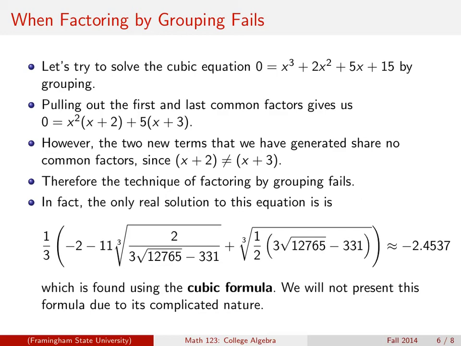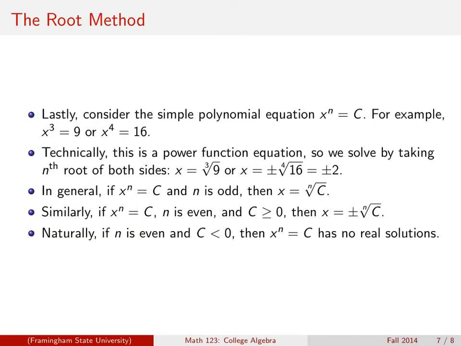There's this cubic formula, but don't even worry about it. So factoring by grouping sometimes works, but it doesn't always work. And if it doesn't work, you're just going to want to really just go to your calculator.